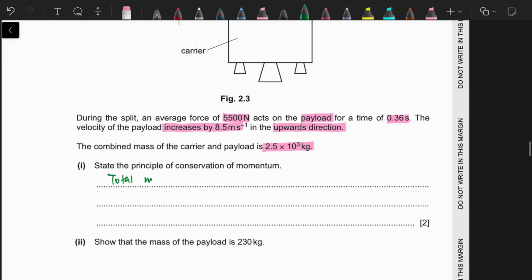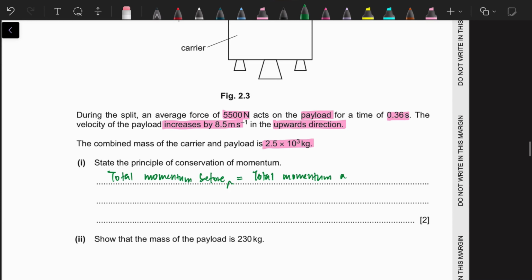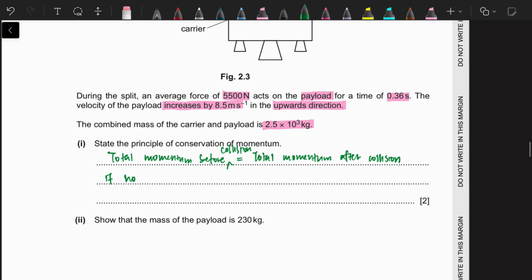total momentum before equals to the total momentum after collision, if no external force acts on the system, or you can say for an isolated system.